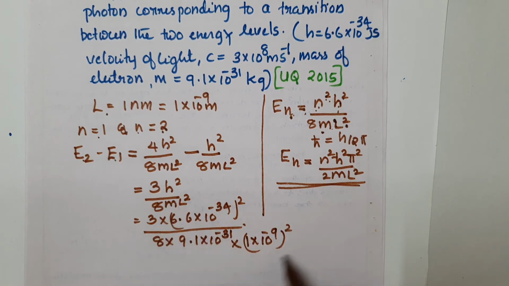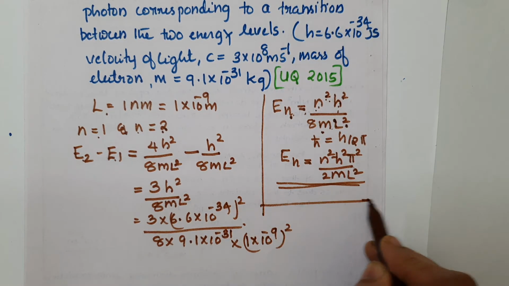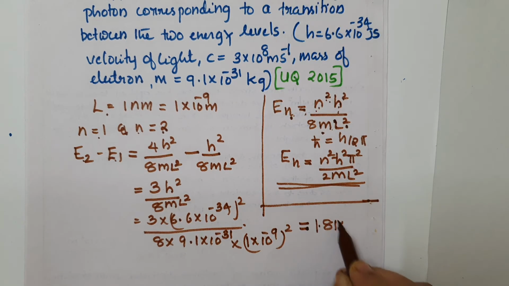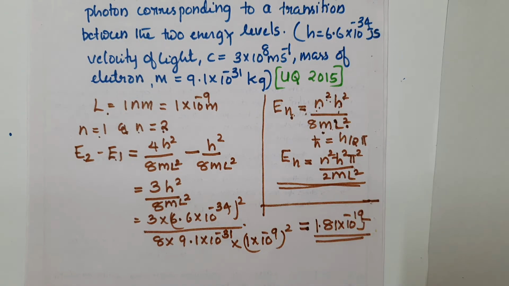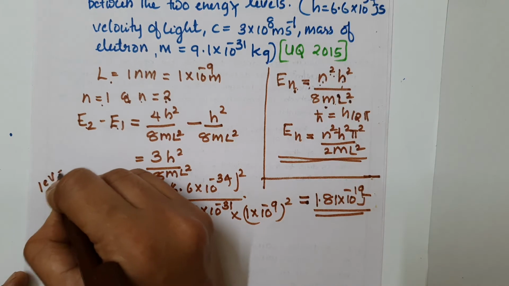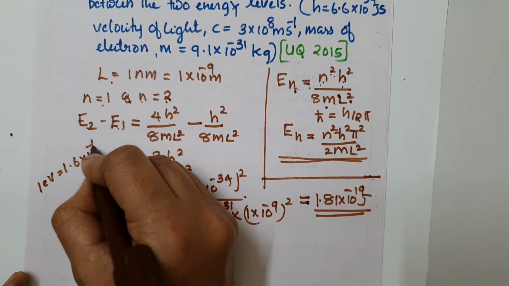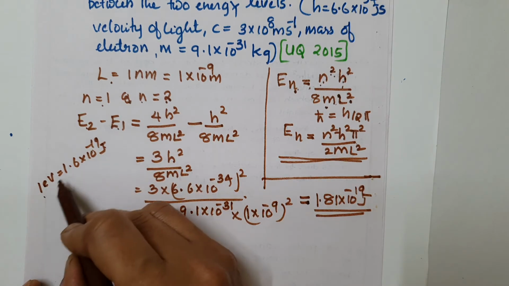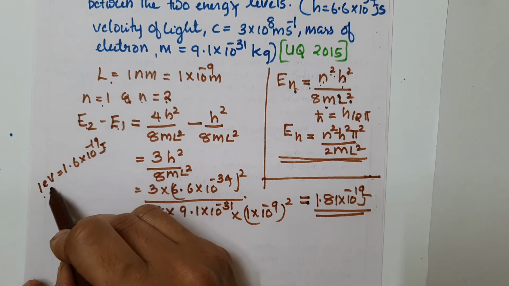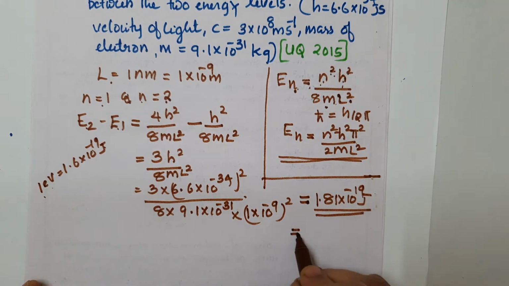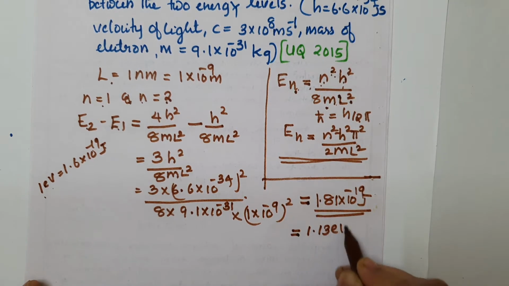This gives the energy in joule, approximately 1.81 into 10 raised to minus 19 joule. When expressed in electron volt, 1 electron volt is equal to 1.6 into 10 raised to minus 19 joule. Therefore 1.81 into 10 raised to minus 19 joule is 1.13 electron volt.